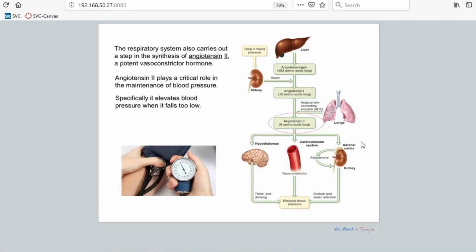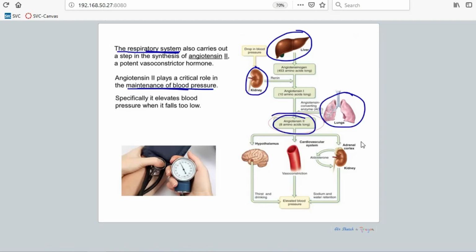So the respiratory system is also involved in the maintenance of blood pressure. Okay, and when we get into the kidney and the urinary system, we'll talk about this in maintaining blood pressure. But there's this 3-step process between the liver, the kidneys, and the lungs. And the result of this is going to be the production of a molecule called angiotensin II.